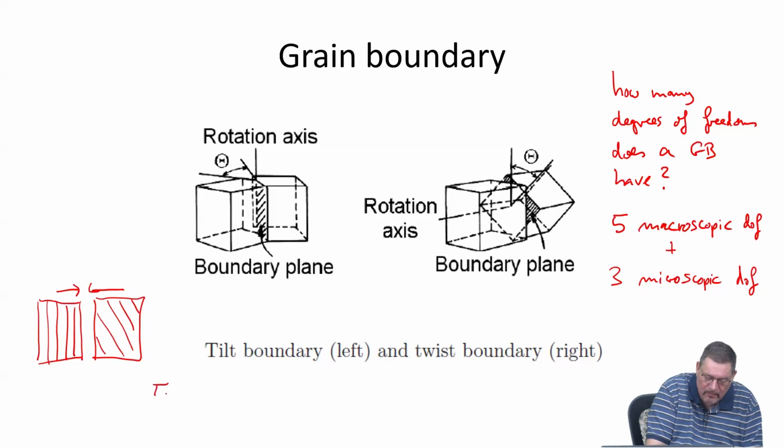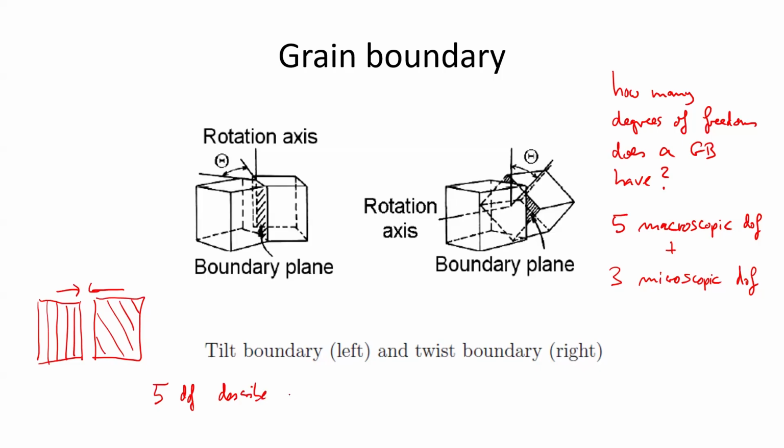So 5 degrees of freedom describe the misorientation, plus the position plus inclination of the grain boundary plane.